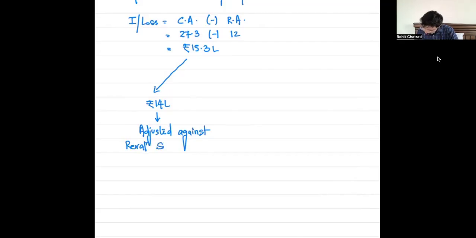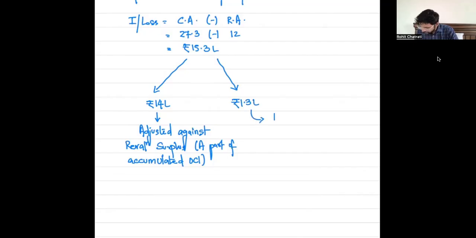Revaluation surplus is nothing but a part of accumulated OCI. And the remaining rupees 1.3 lakhs will be debited to the statement of profit and loss. It will be debited to P&L account.